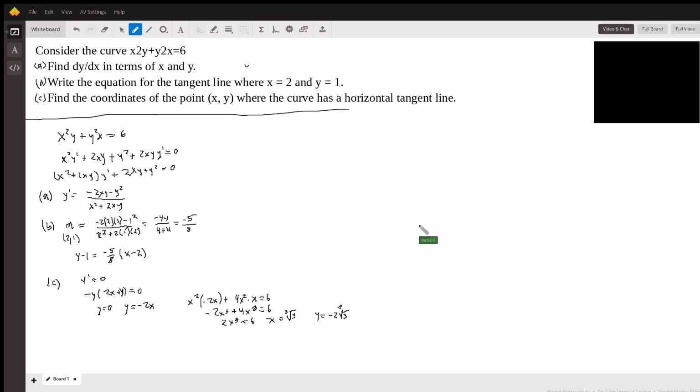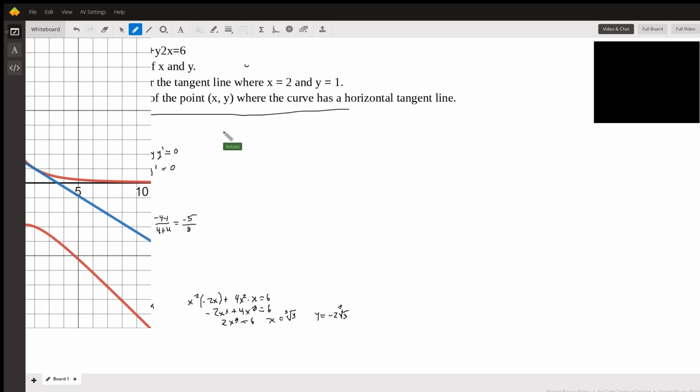Now I really think you're going to be a lot happier if you can see a graph. So I'm going to import a graph that represents what's going on with this problem. And I did this in Desmos. Highly recommend that you work with graphs when you're done, not when you're working the problem.